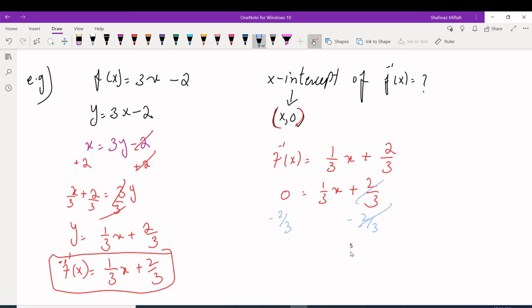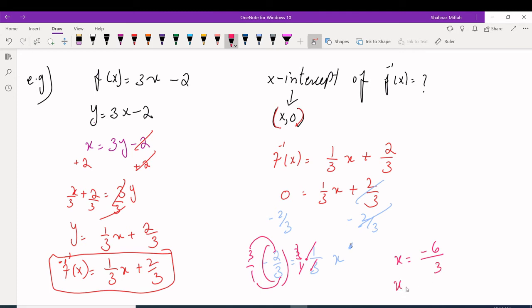They cancel out, and I'm left with negative 2/3 equal 1/3 x. Then you times 3 over 1 on both sides. So I'm left with x equal 3 times negative 2 is negative 6, and 3 times 1 is 3.